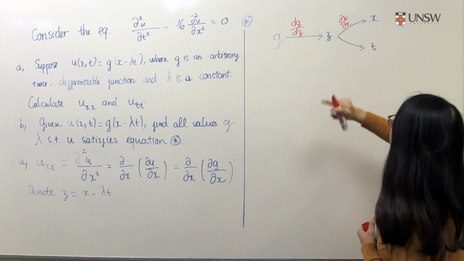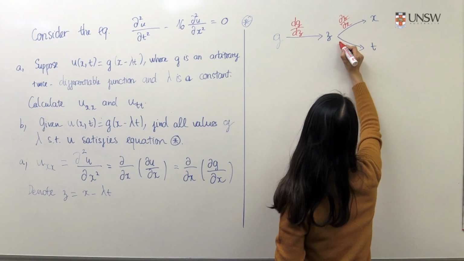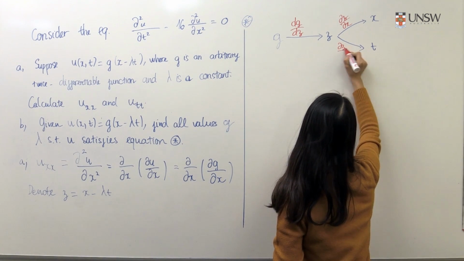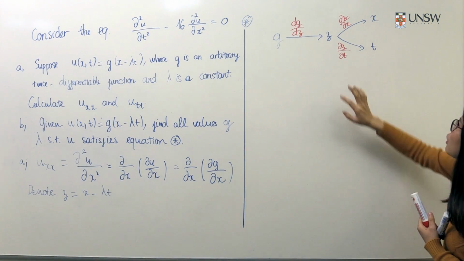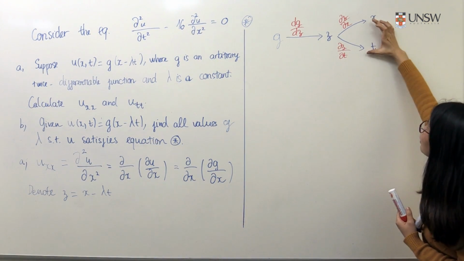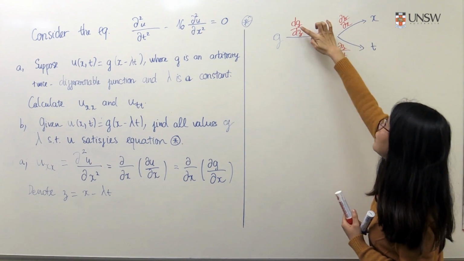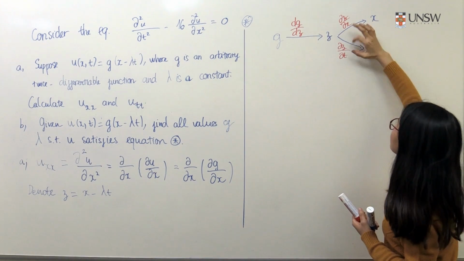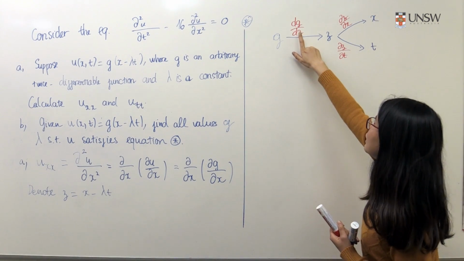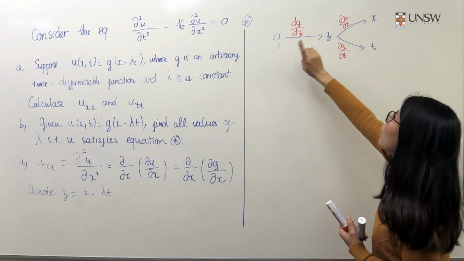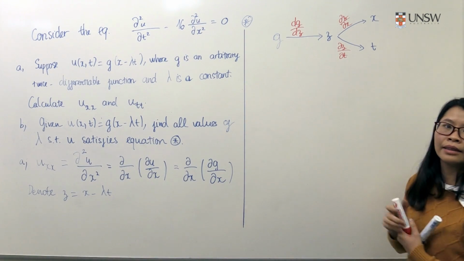And for this second leg, similarly, we have the partial derivative of z with respect to t. So notice that I use a different notation here. For these two legs, I use the partial symbol instead of d. This symbol means the partial derivative. For this one, I use dg over dz because g depends on only one variable, which is z.